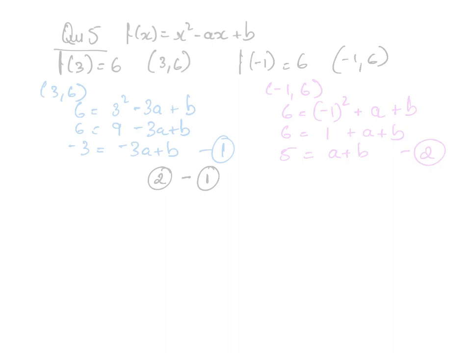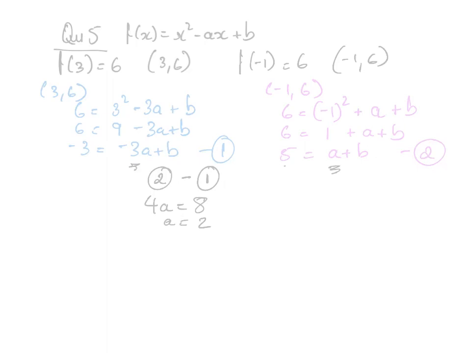I've got a take away -3a. So take away a negative is plus, so I get 4a. And then when I look at the 5, take away -3, so 5 plus 3 is 8. A is equal to 2.